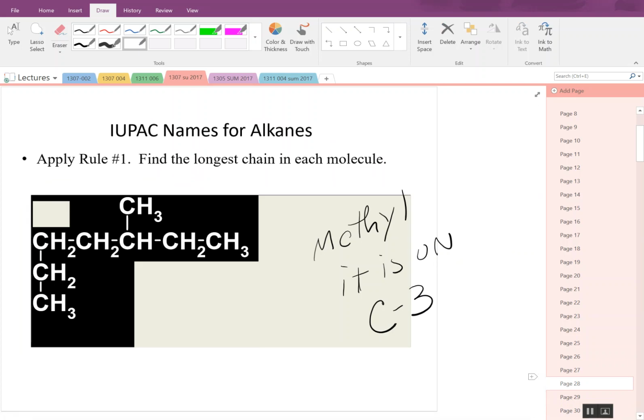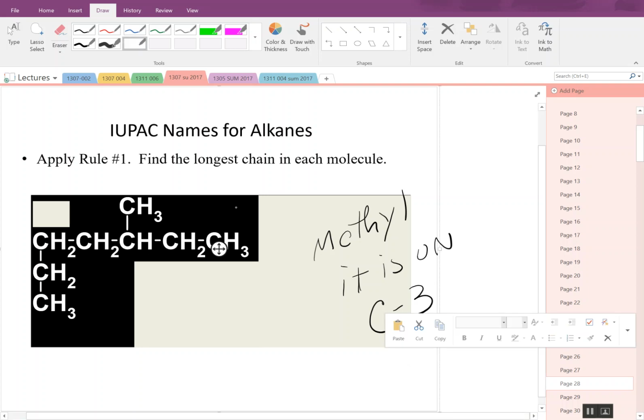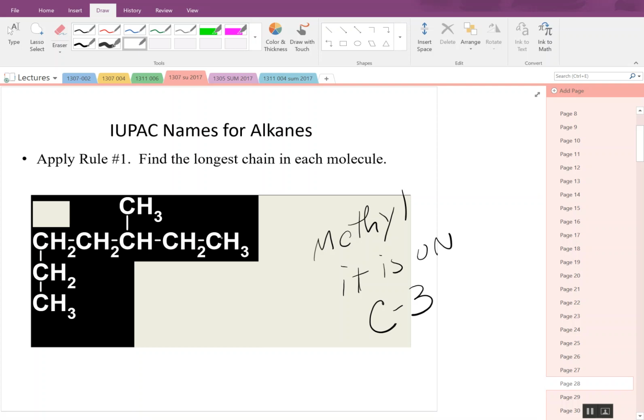Oh, and here's that first molecule we did, which is a little simpler one. See, am I still writing in white? I still am. Okay. Let me erase that. Let's go to this simpler molecule. If we start over here, it's 1, 2, 3, 4, 5, or we start here, it's 1, 2, 3. So you don't start on the left and count to the right.